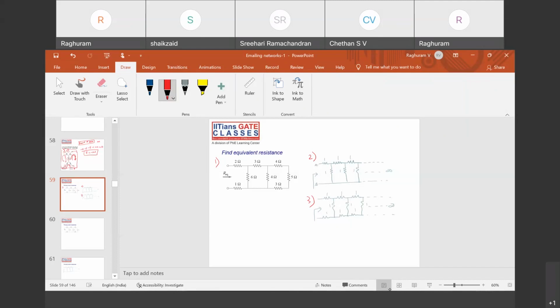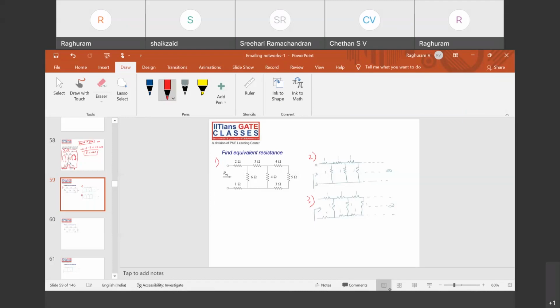How did you say it's 3? Actually, it's 6. I mean, 6. You mean 6 ohms? Yeah, 6 ohms. Okay. See, yes, it's 6 ohms.